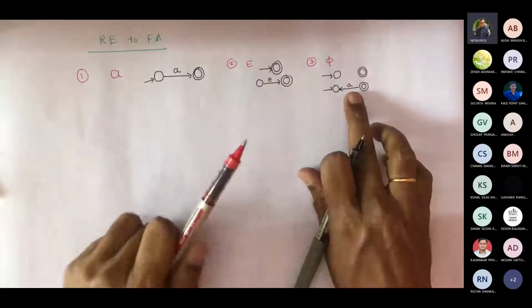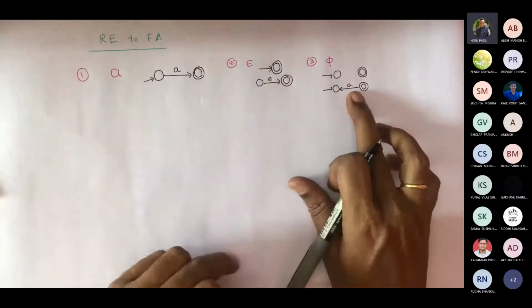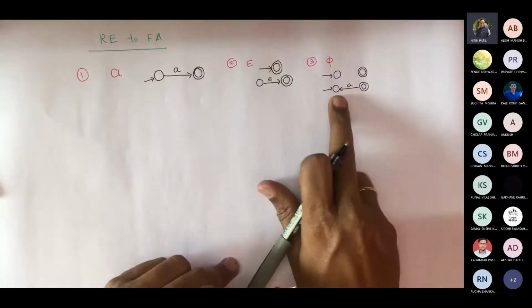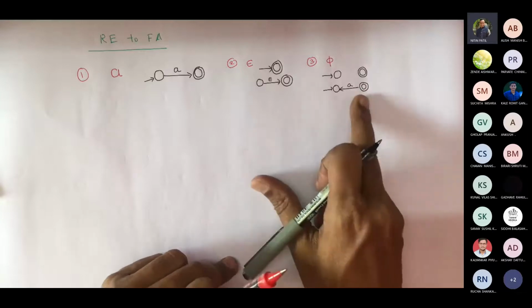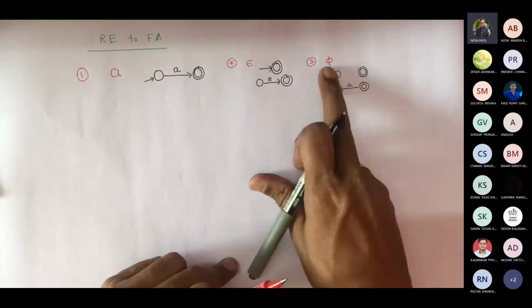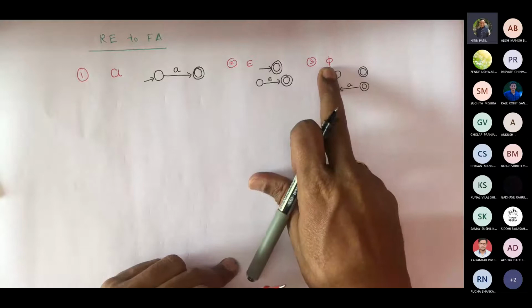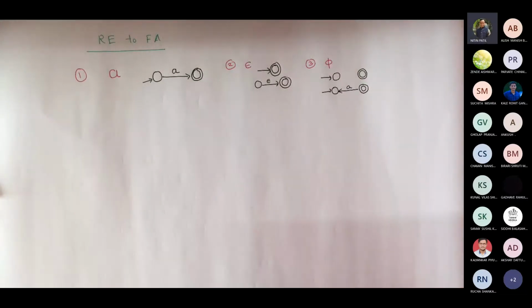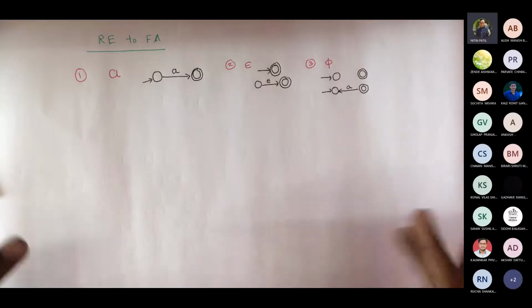Even if I have a here or any symbol, even epsilon here, there is no way to reach the final. That's why acceptance would not be there at all. So this can be represented as phi. Is that okay? Yes, sir. So shall I move to the fourth?